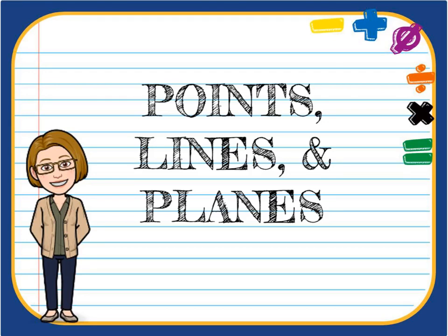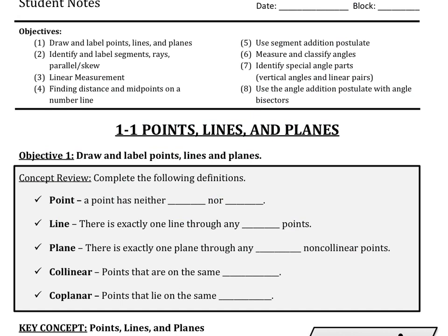So we're going to look at points, lines, and planes, and we're going to look at labeling these as well as drawing these. So just as a reminder from our vocabulary, a point has neither size nor shape, right? It's that zero-dimensional object.